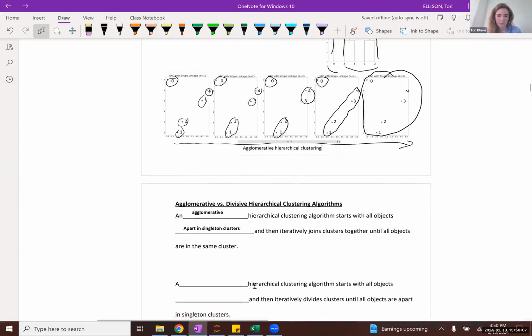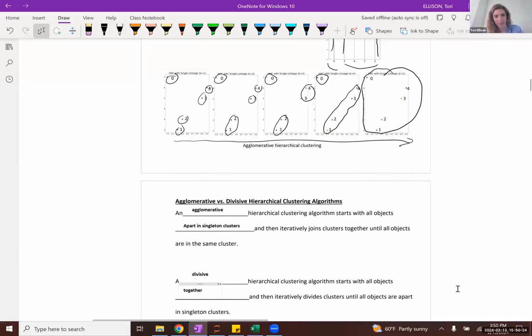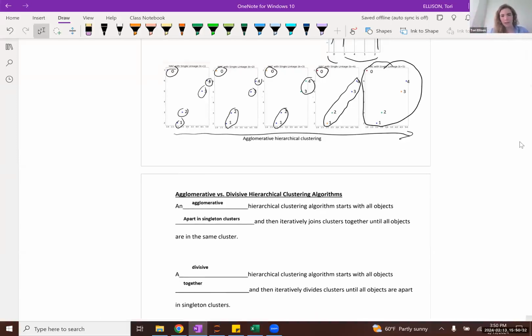Basically an agglomerative clustering algorithm agglomerates, it puts things together. By contrast, a divisive hierarchical clustering algorithm starts with all objects together in a single mega cluster, if you will, and it iteratively divides clusters until all objects are apart in singleton clusters.